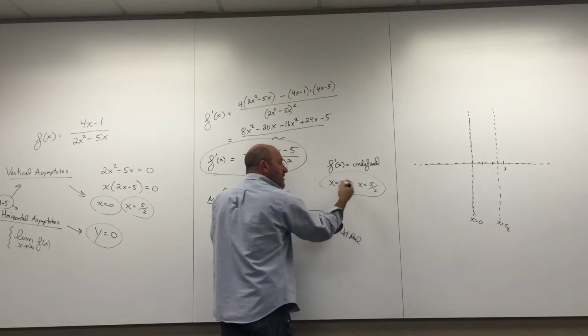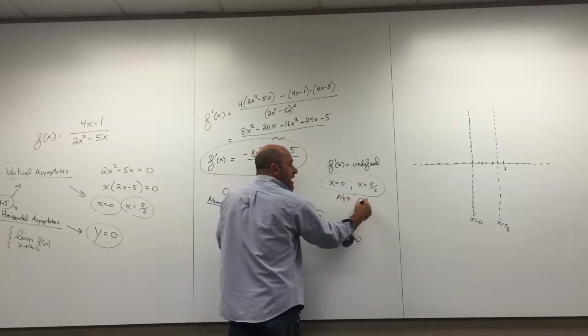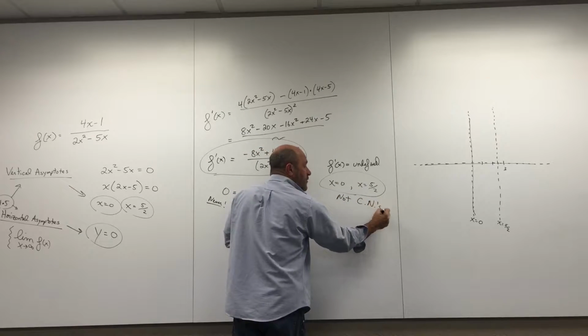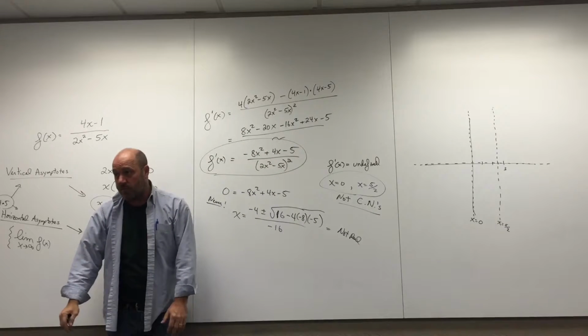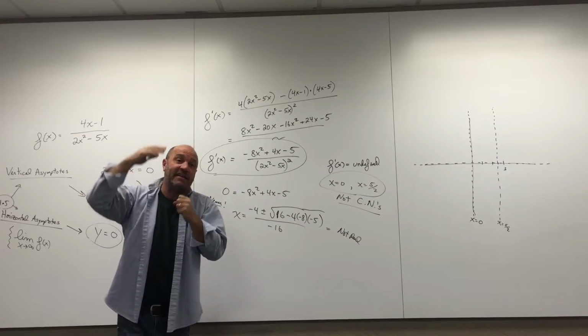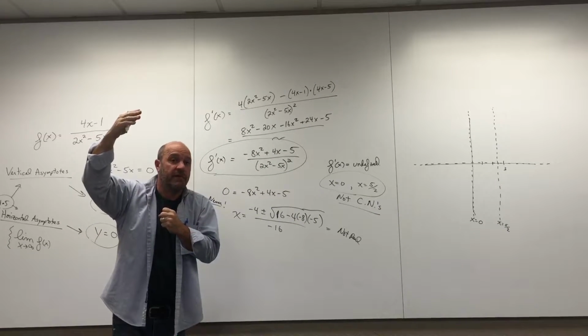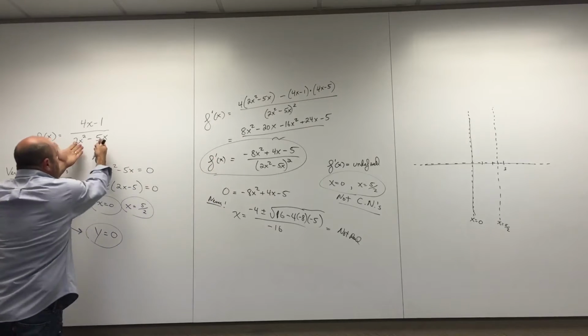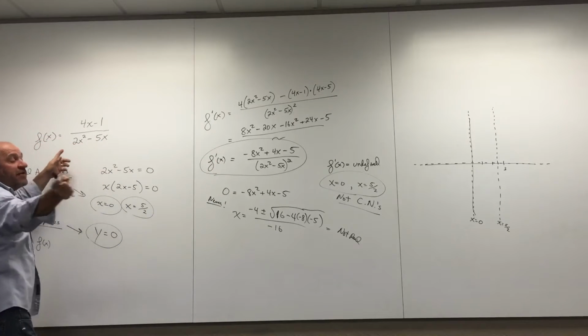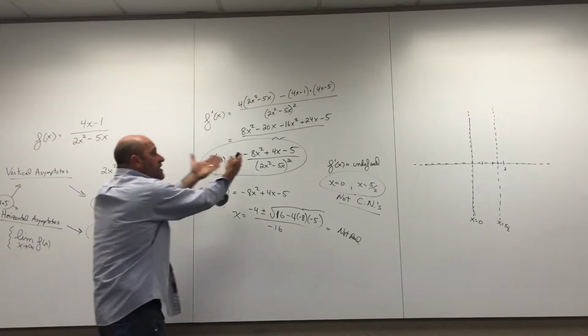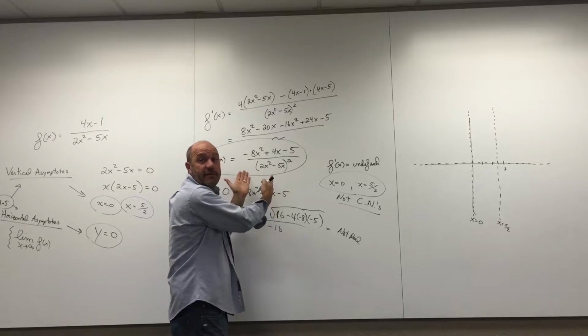But let me say something. They're not really critical numbers, because if you remember our definition of critical numbers, they had to be defined in the original function. So if you have something that's undefined in the original function, it's going to show up as undefined in the derivative. Guarantee you.